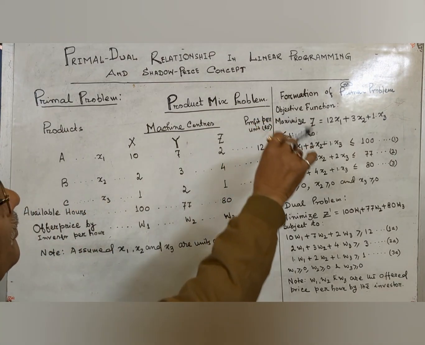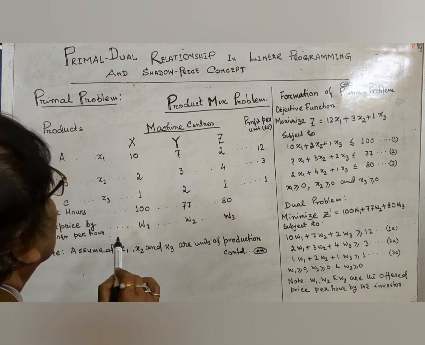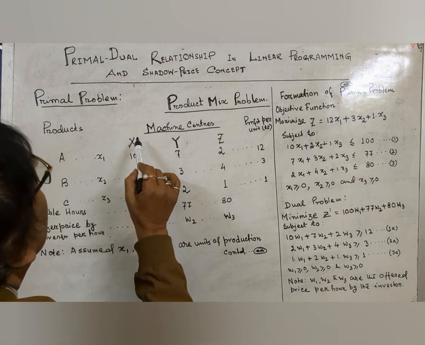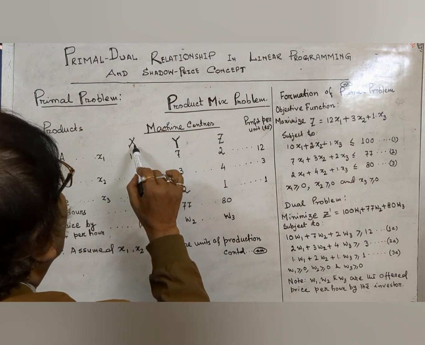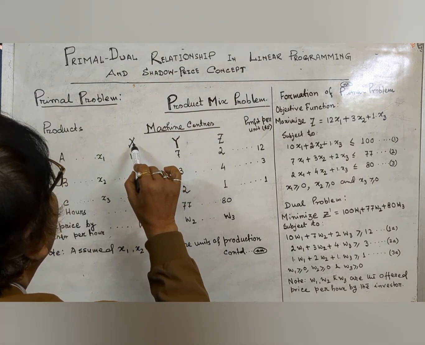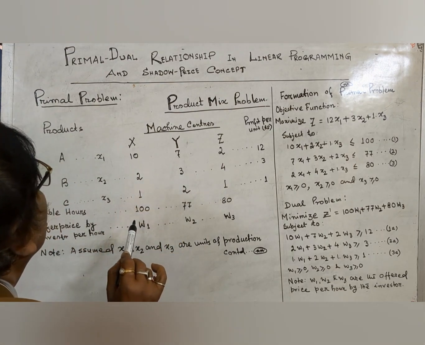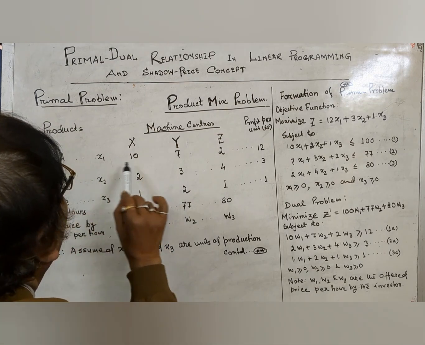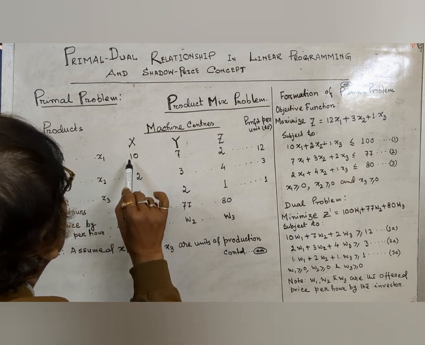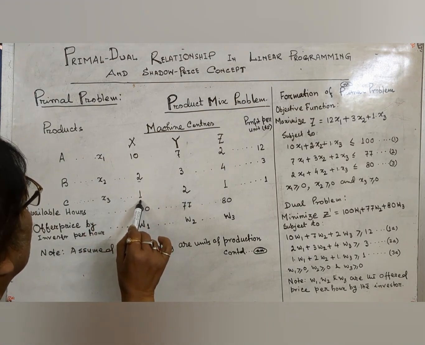First stage, we have to formulate the problem in quantity terms. Now first, for the constraint of the grinding machines or grinding center X, the total hours required will be 10x1, as 1 unit of production of A requires 10 hours, so x1 units need 10x1, plus 2x2, plus 1 into x3.